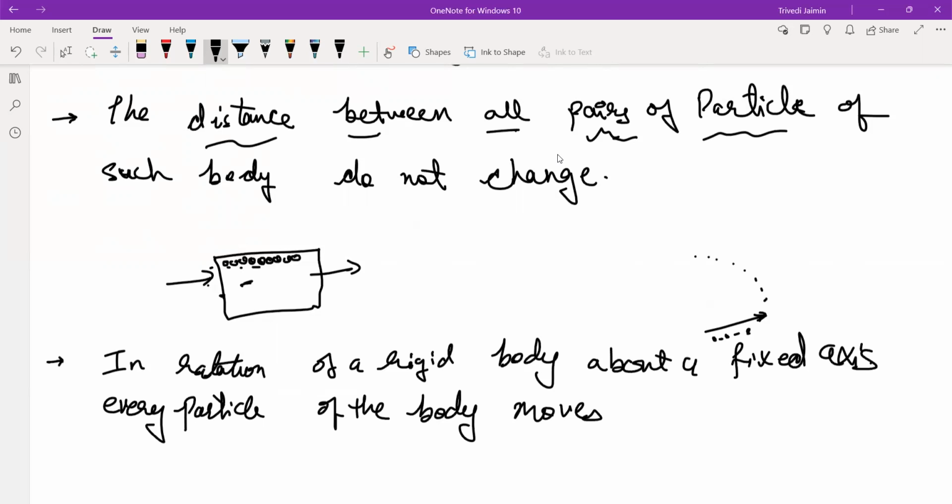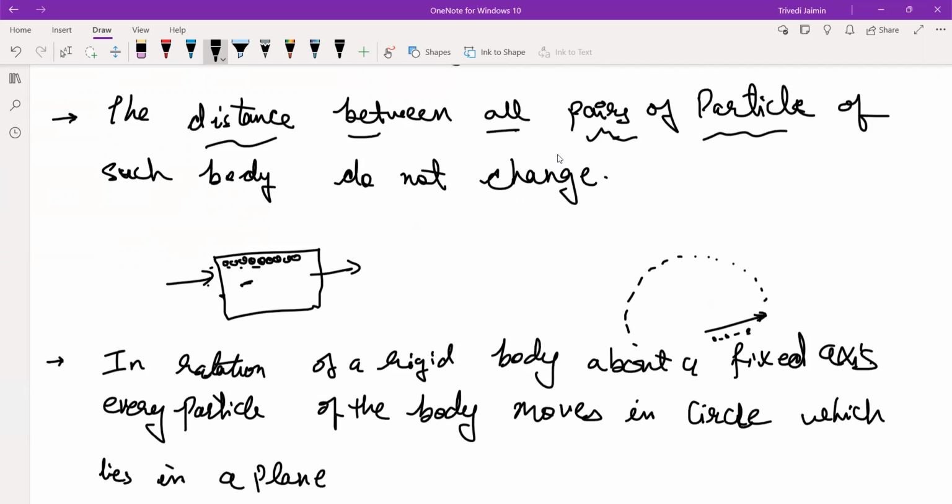So all the body will move in what path? What is this path? Rotational part. Yes, circular path, circular. Yes, circular path or circle. That's right, in a circle, which lies in a plane which is perpendicular to this axis, whatever we are taking.